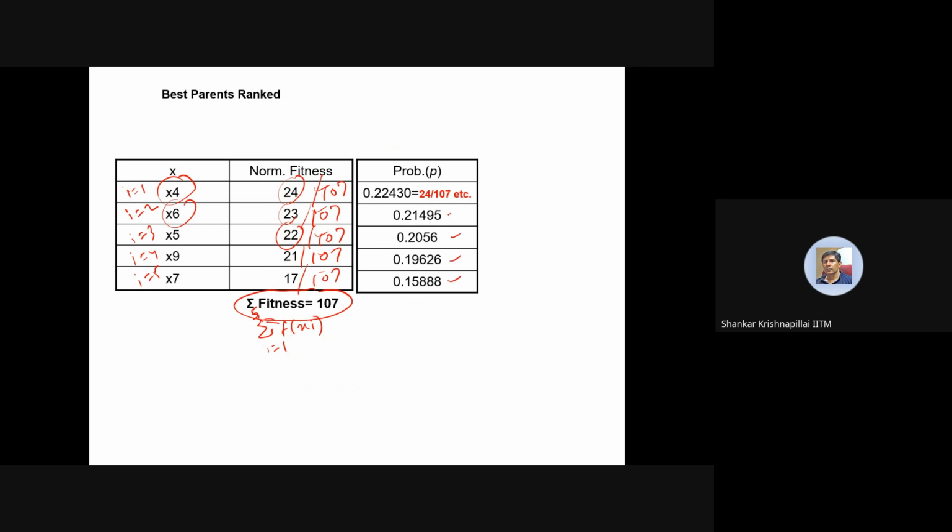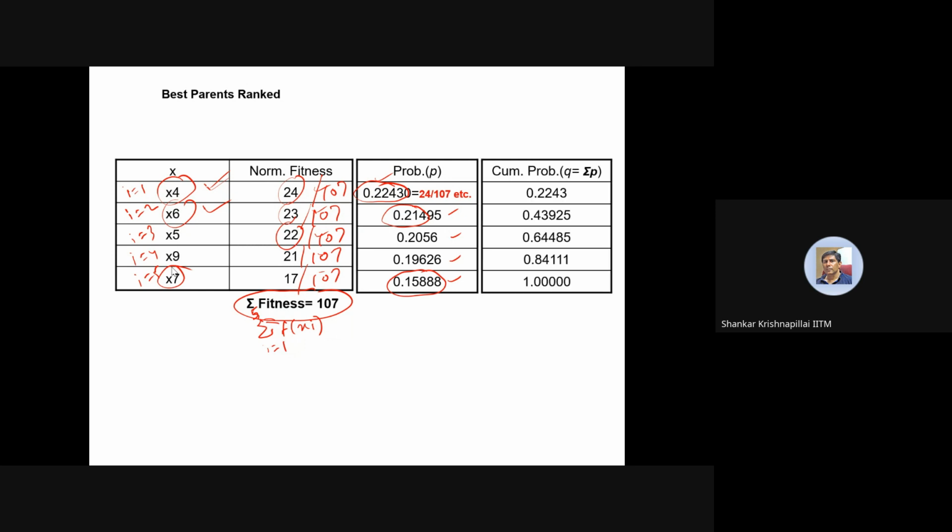These are expressed as fractions. You can see that the highest probability of selection is given to the topmost parent, then slightly less to the second one, and the lowest probability of selection, that is 15%, is given to the fifth parent. Next, all these things have to be written in cumulative probability scale. That is, you successively add these p-values.